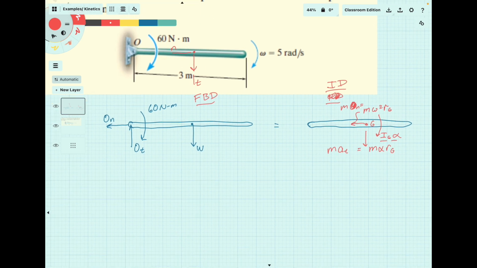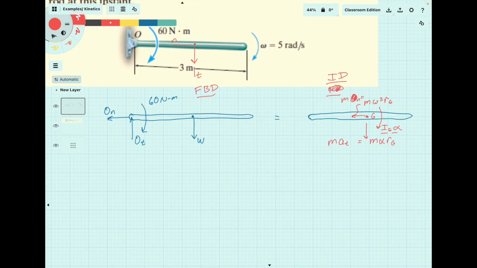And essentially from there, we've got everything to start plugging in and solving. What we're solving for in this case is the value for alpha and the two reaction forces at O, which are given as OT and ON.